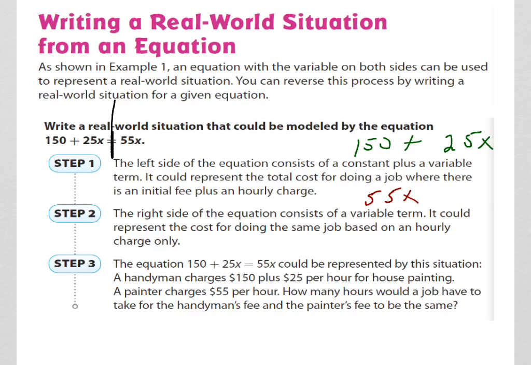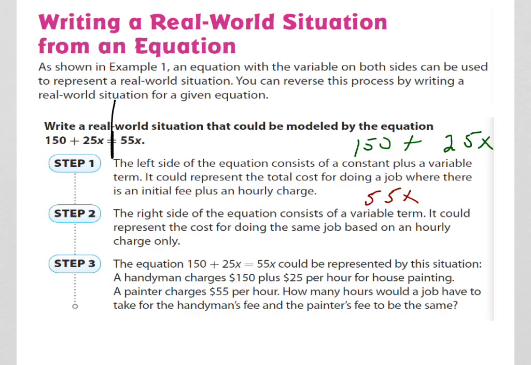Well, that looks pretty good. You're looking at $25 an hour. He may not be there quite so long, but remember, he's charging you an initial fee of $150 right off the bat. We won't really get into that detail and determine which one is better, but you can see how you could use this situation to determine which one would be better.